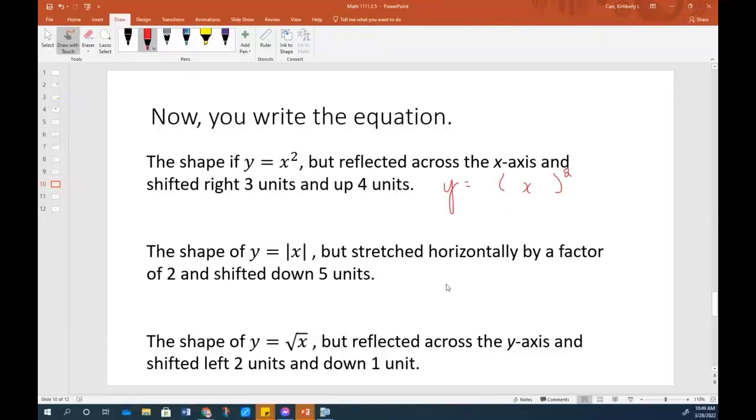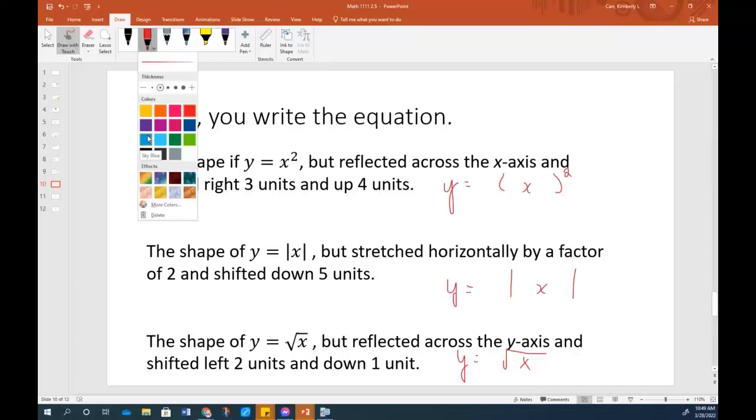I'm going to do that for each of these. So y equals, and I'm going to leave some space, absolute value of x. And then y equals square root with an x there. So those are my parent functions. I just got this extra spacing on them.